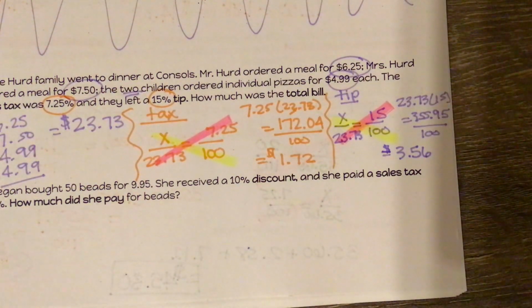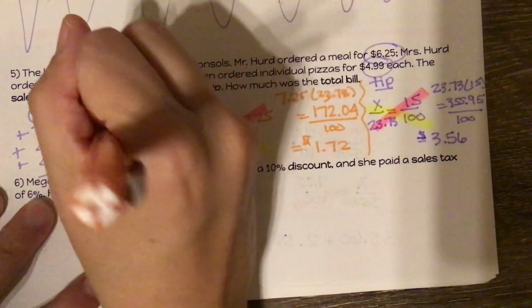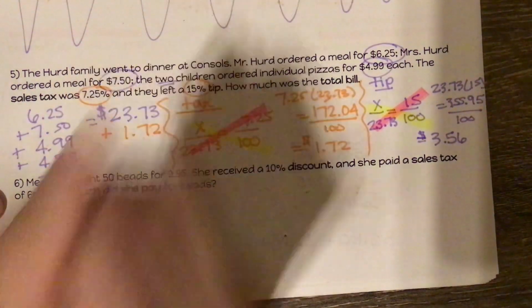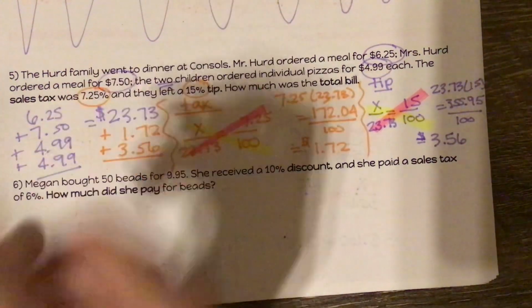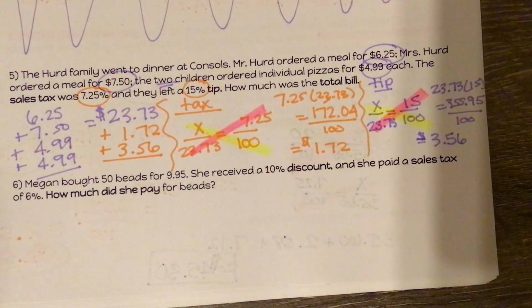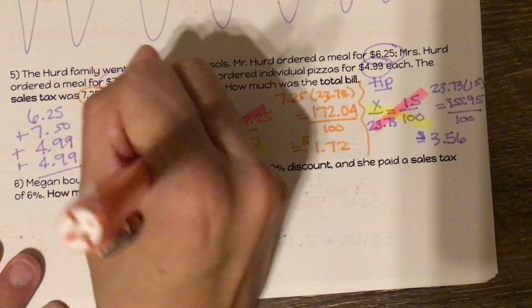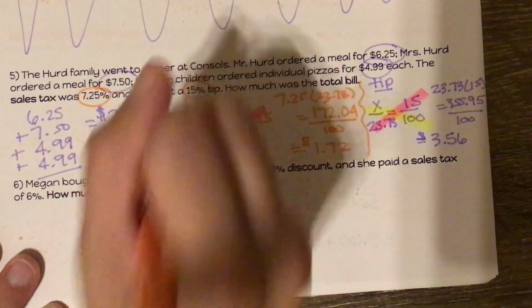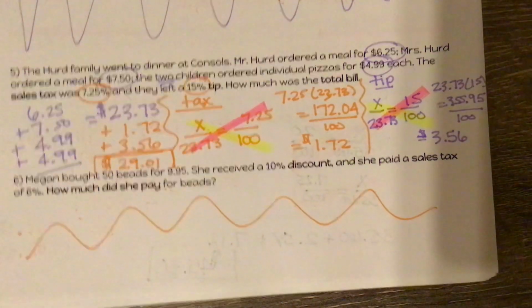So our total bill, if I go back over here, we had $23.73 plus $1.72 for tax plus $3.56 for tip. If I add that all up, $23.73 plus $1.72 plus $3.56 gives you $29.01 for your total bill. And then we're not going to do number 6.